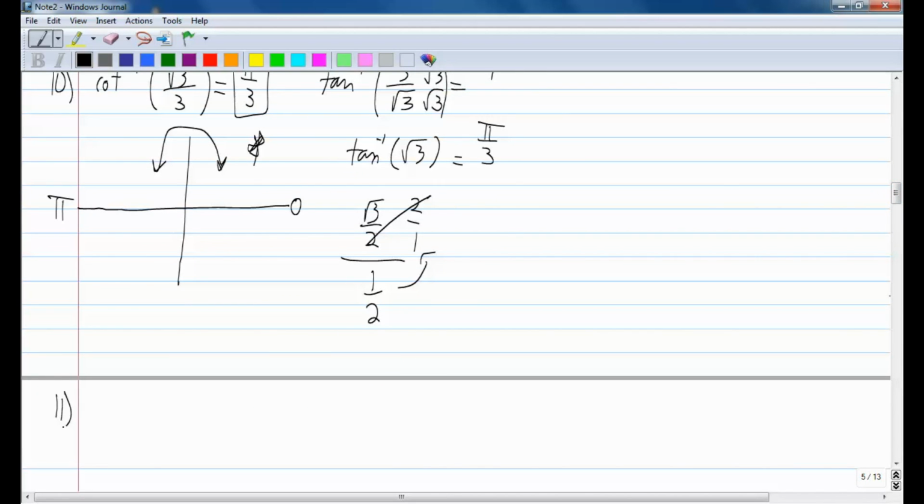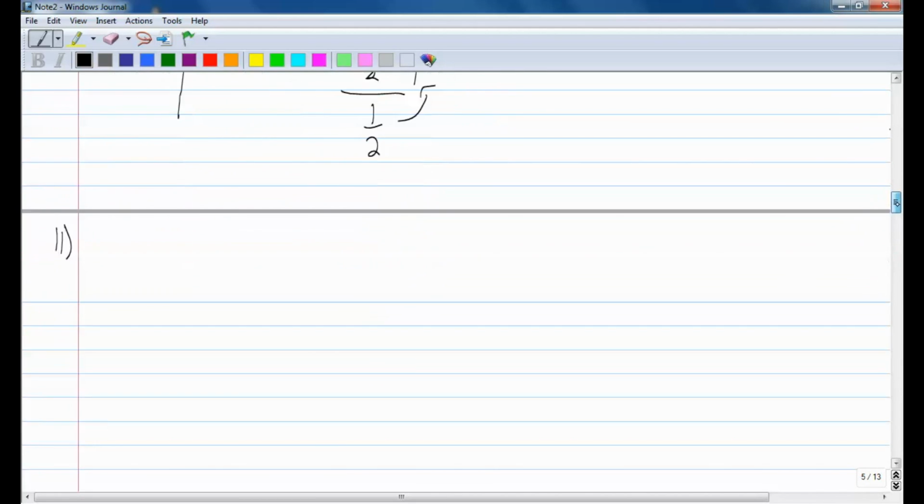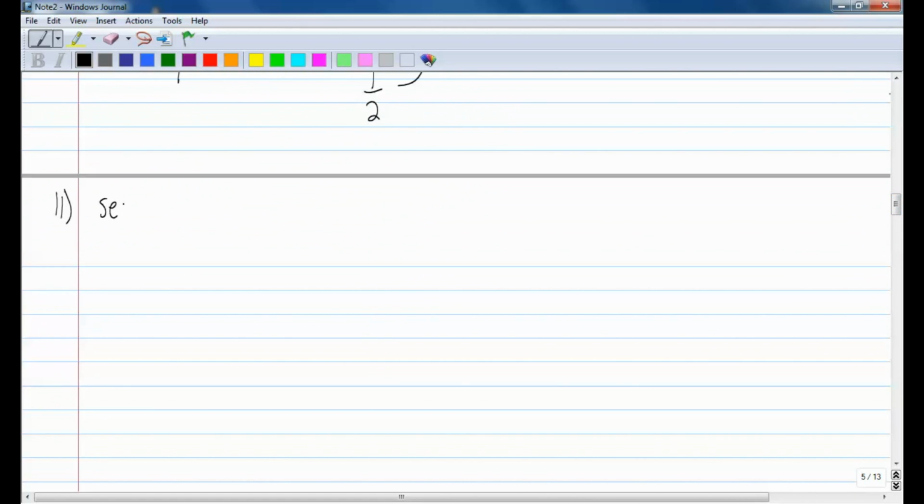Alright, number 11, the inverse secant of 2. Luckily, inverse secant is defined like its reciprocal, except maybe at one point where it's undefined. So it's really easy to use its reciprocal function, inverse cosine.